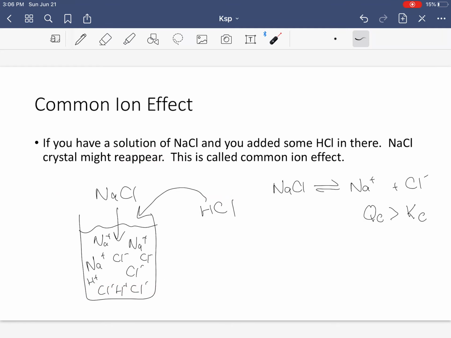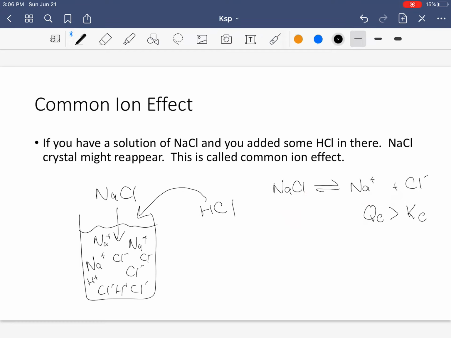And that is what is happening in this situation. Before, it was nice and fine. NaCl dissociates, you're going forward. But some dude decided that it was a good idea to put more Cl in there in the form of HCl, causing too much of this. So when you multiply this and this together, oh no, it went greater than what Kc is. I'm going to have to go back.